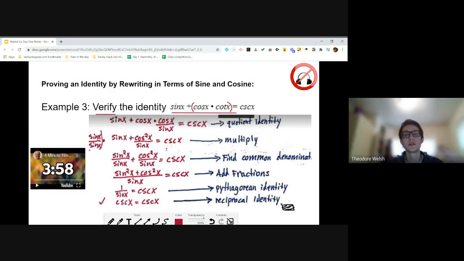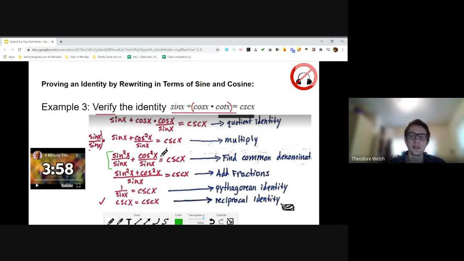So what I noticed was that on the right side, we just have one trig function or one term. So I made sure to get a common denominator here. To get a common fraction, I found my common denominator of sine, meaning I multiplied sine by sine over sine to get that same denominator.